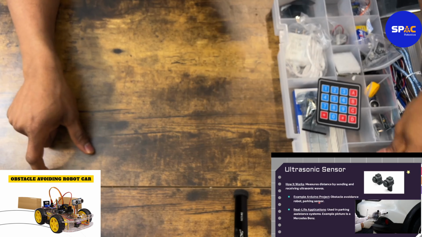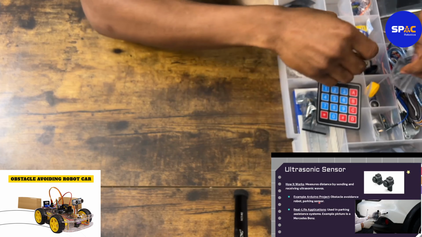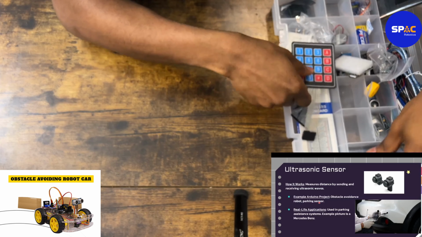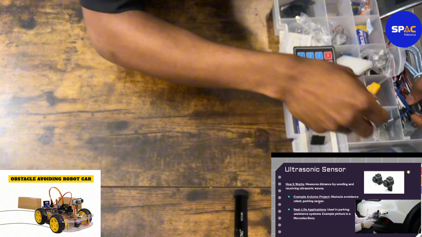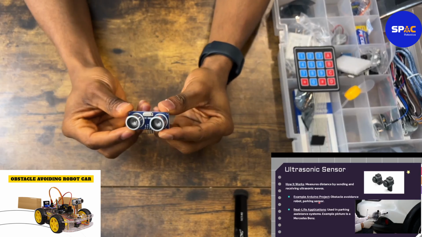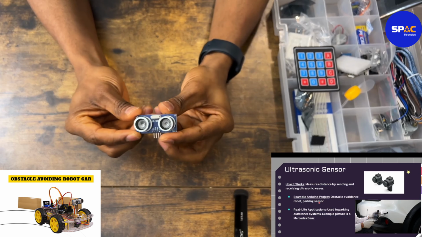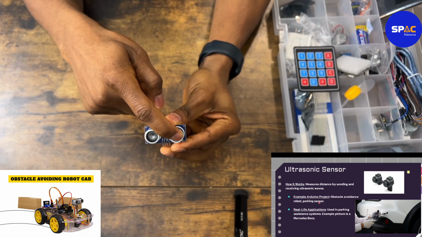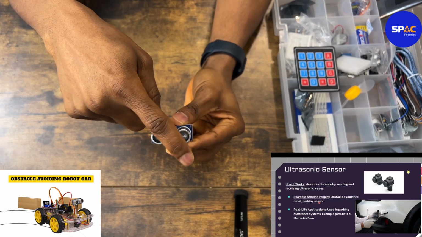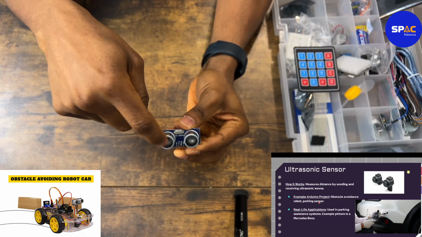So let me show you guys the ultrasonic sensor that we have in our kit. Hopefully it's not that far away, so I can easily pick it up. Yes, it's this little guy. So this is the ultrasonic sensor. How this works is it sends a signal out, the signal hits the wall and comes back to this.